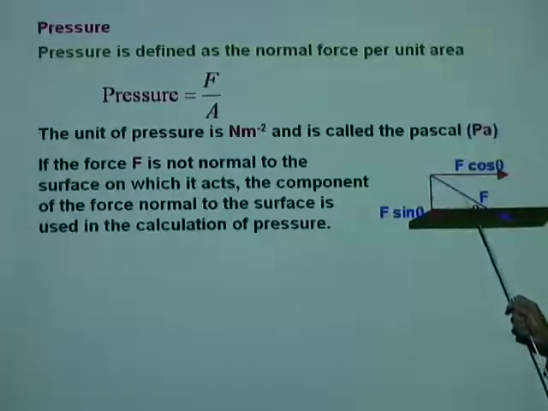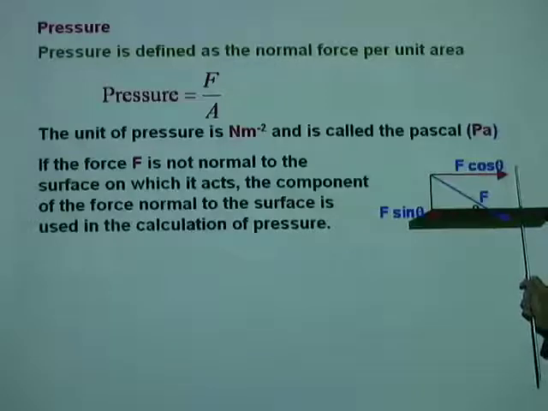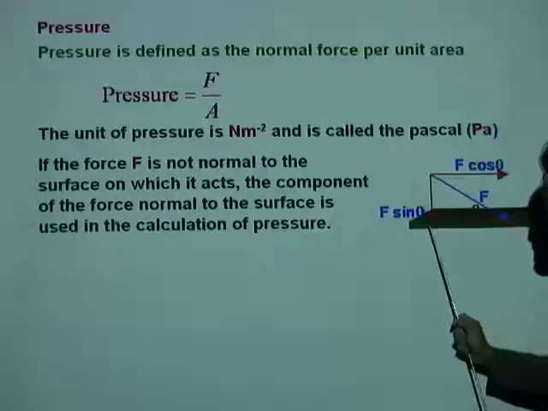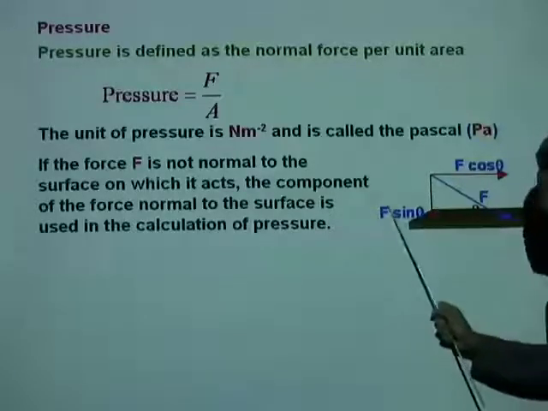If we have a force F that makes an angle theta with the surface here, then the horizontal component is F cos theta, and the vertical component that is at right angles to the surface is F sin theta.